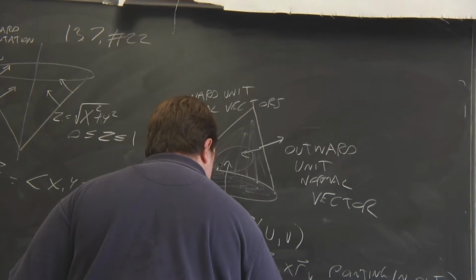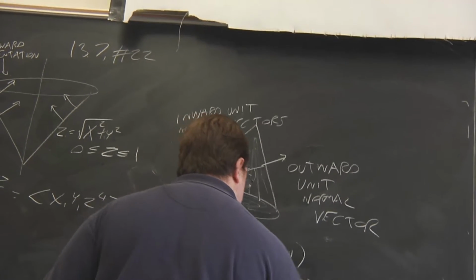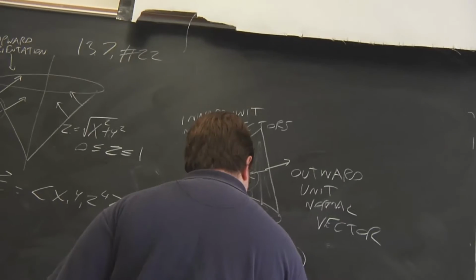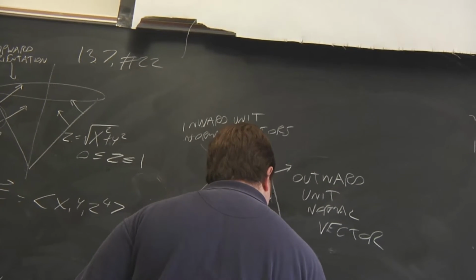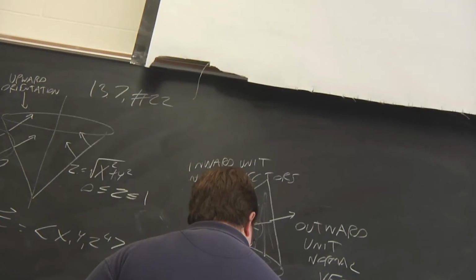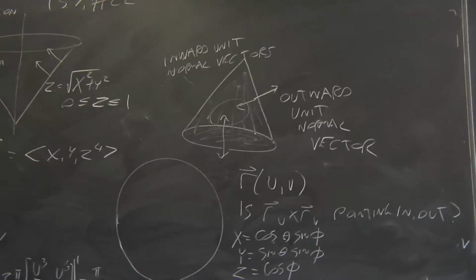So x is cosine theta sine phi, y is sine theta sine phi, and z is cosine phi. This just comes straight from spherical coordinates.